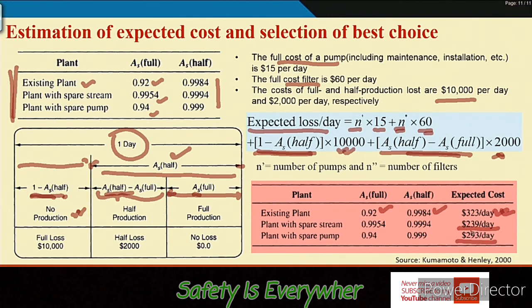Considering the expected cost, the second alternative gives you the better result.